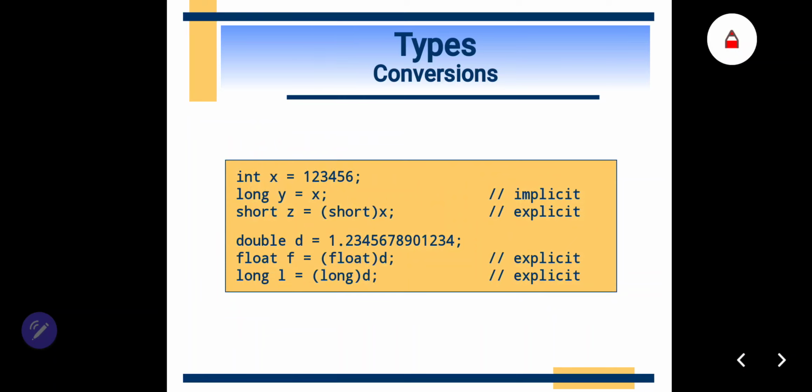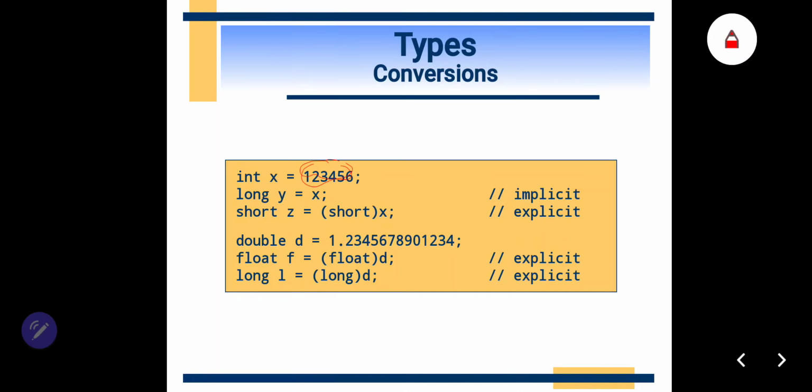Conversion, implicit and explicit. If you see this example, for implicit, you just copy from this number and then it moves automatically into y. But for explicit, maybe you can lose your data.